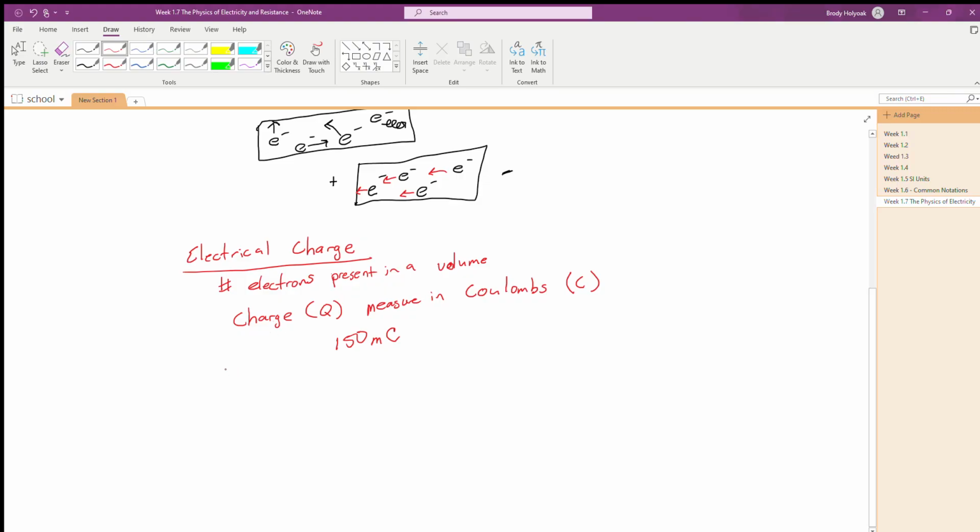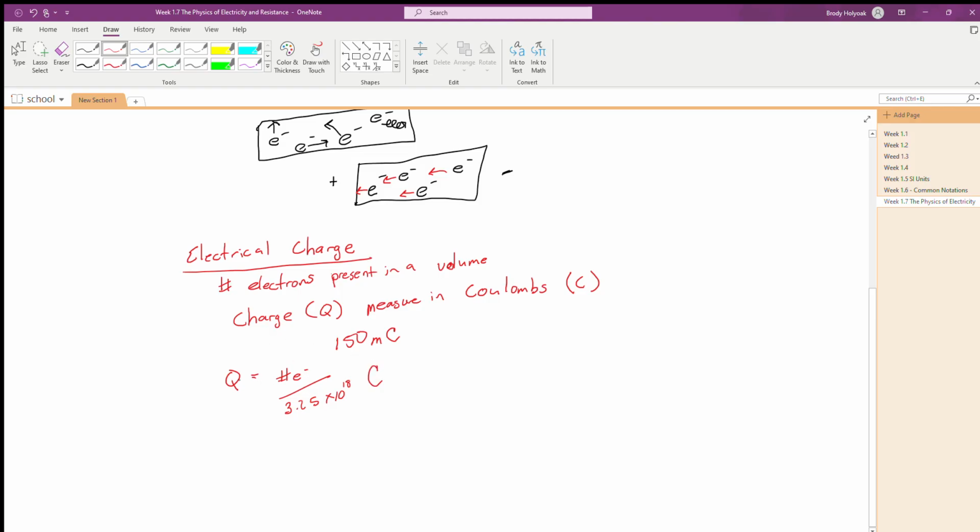The way that we get this value Q, so the charge is equal to the number of electrons present divided by 3.25 times 10 to the 18th power, and again that's measured in coulombs.